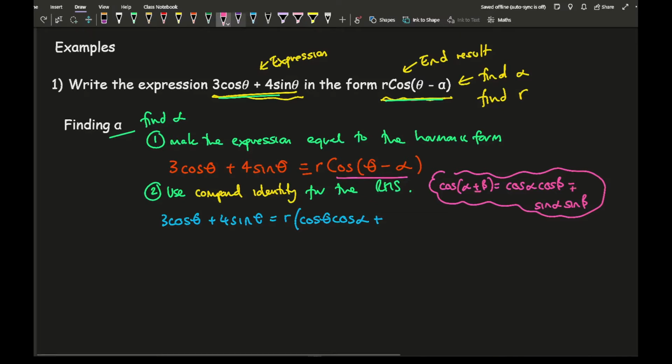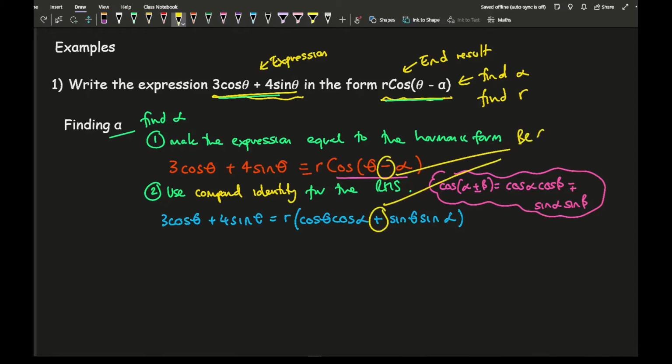Now it's always worth being careful when using the cos formula in particular. So here we've got sine theta sine alpha. I'm just going to make a little note to be careful with the middle sign when using cos.